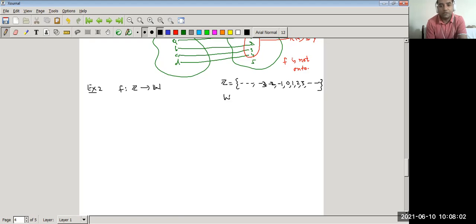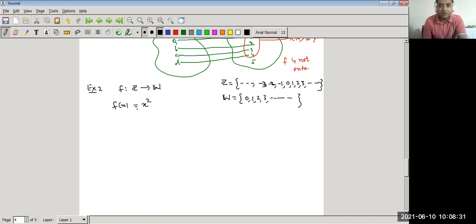And whole numbers are 0, 1, 2, 3, and all the numbers. So this is domain, and W is codomain. So the function f is given by f of x is equal to x square.